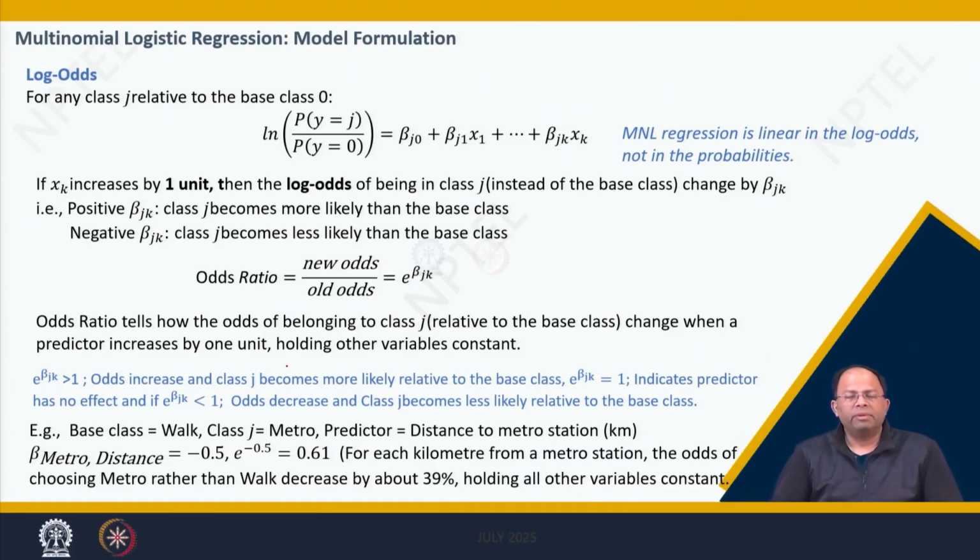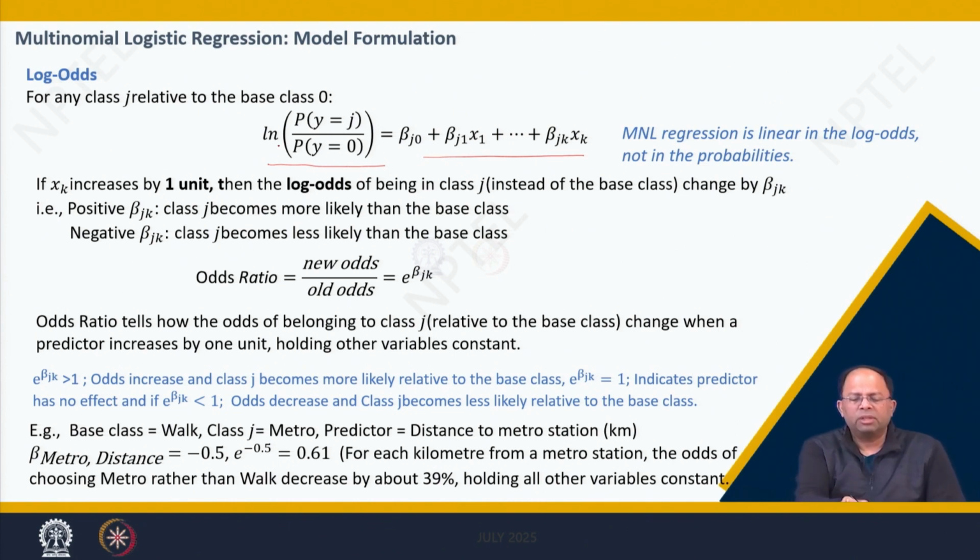Again, here we also take log odds, for any class j relative to the base class 0, like we did earlier in binary logistic regression, and this side is the actual score. This is where we convert it into the linear form.